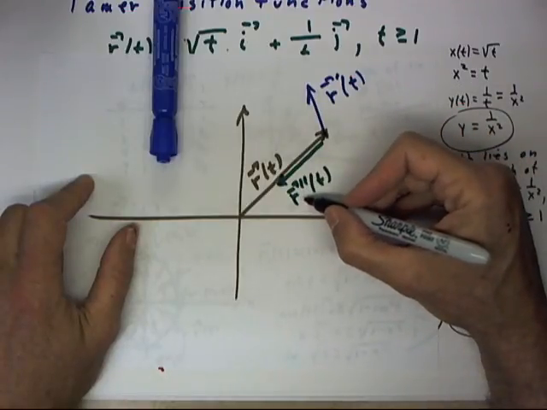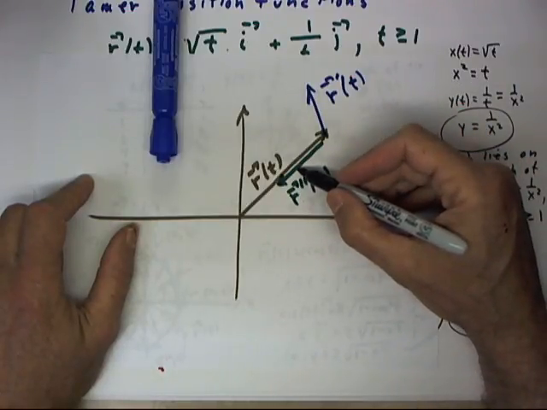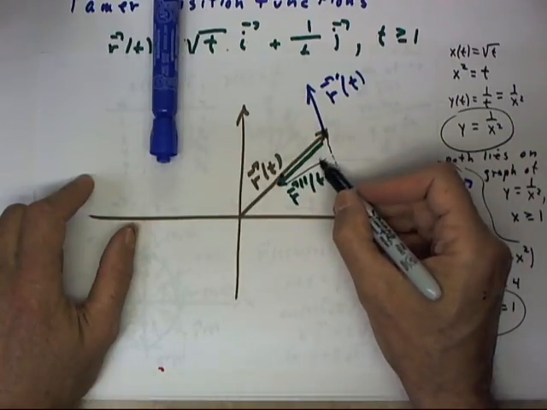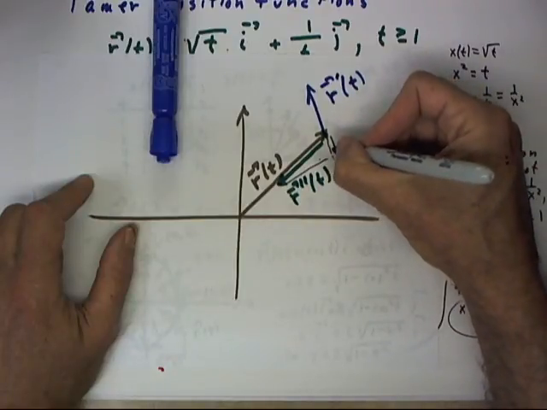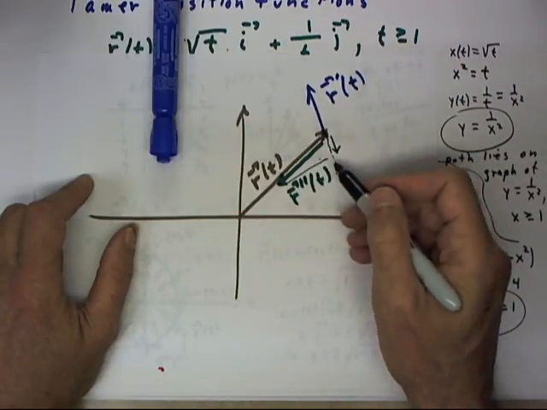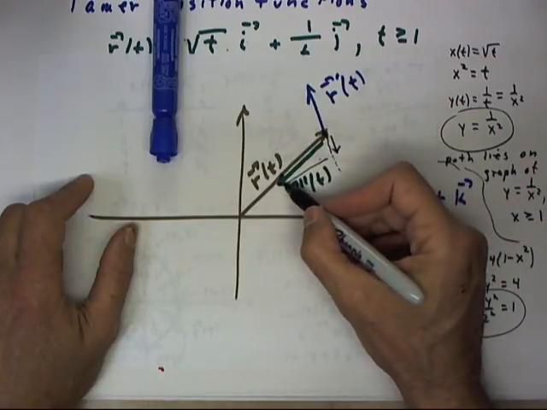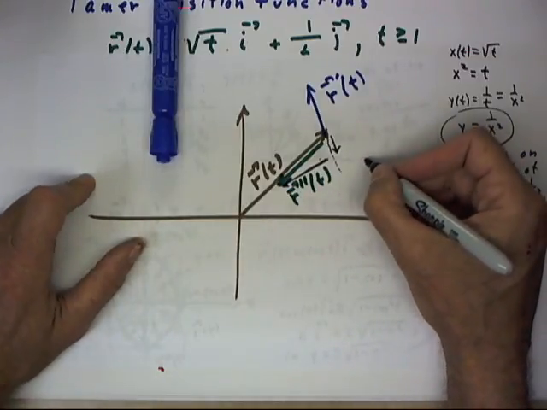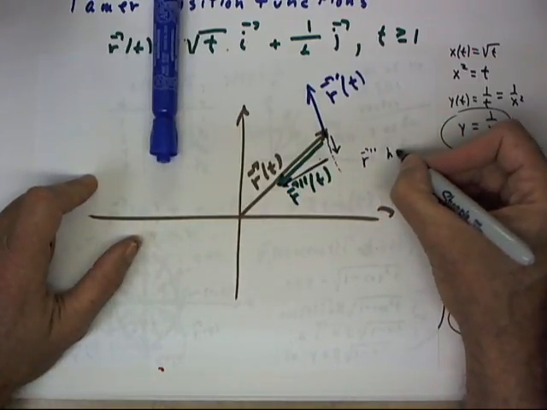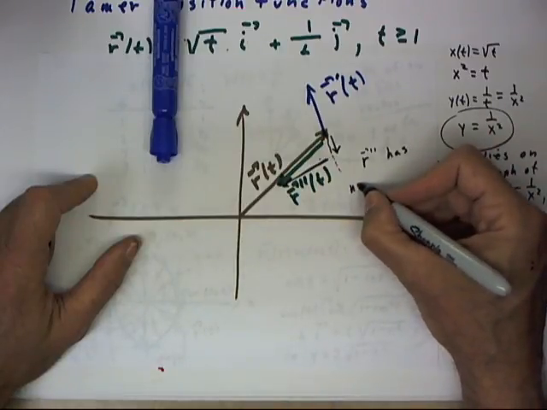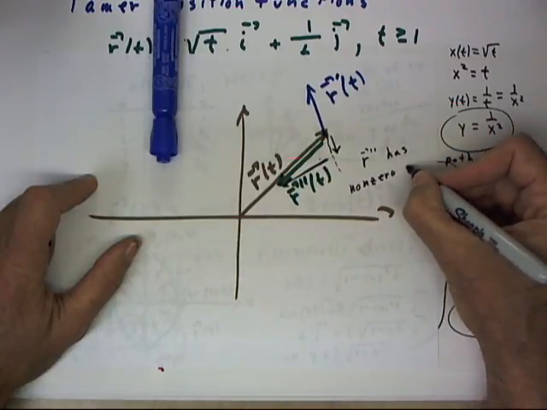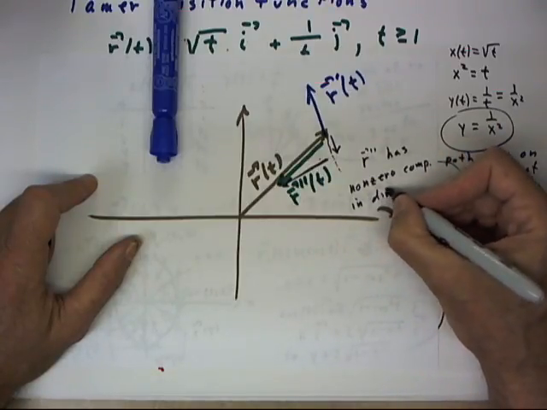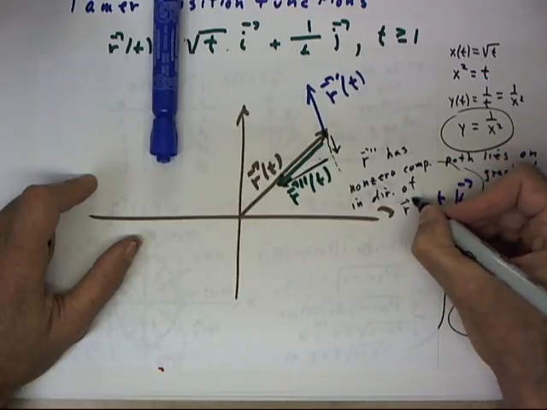We see that the r double prime vector has components in the direction of the r of t vector. Again, we obtain that by projecting back here, and perpendicular to the r of t vector, and I'm going to just draw that perpendicular component along the projection line. So again, r double prime has non-zero components in the direction of r prime.